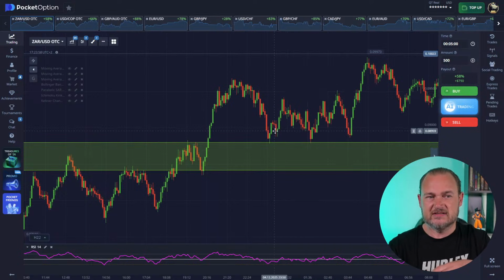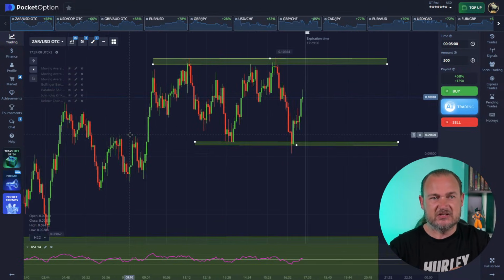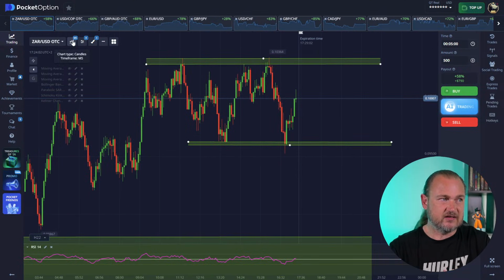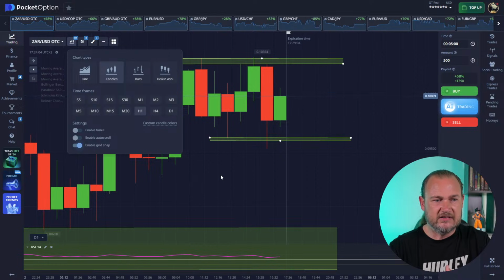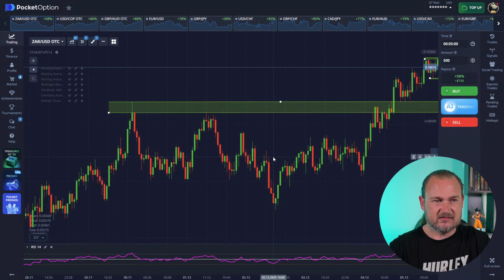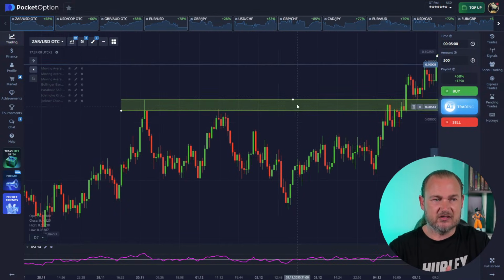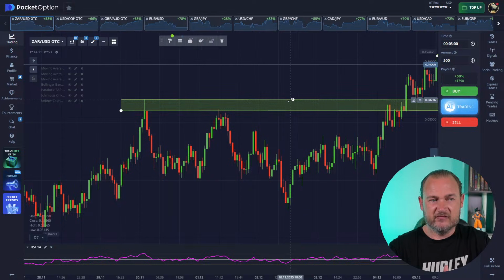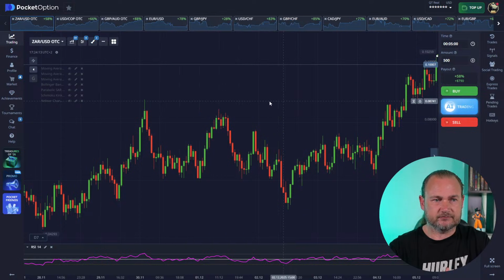So support and resistance carries over. It doesn't mean just because it's broken that it's unusable anymore. A level sometimes persists over a long period of time, especially on the higher time frames.